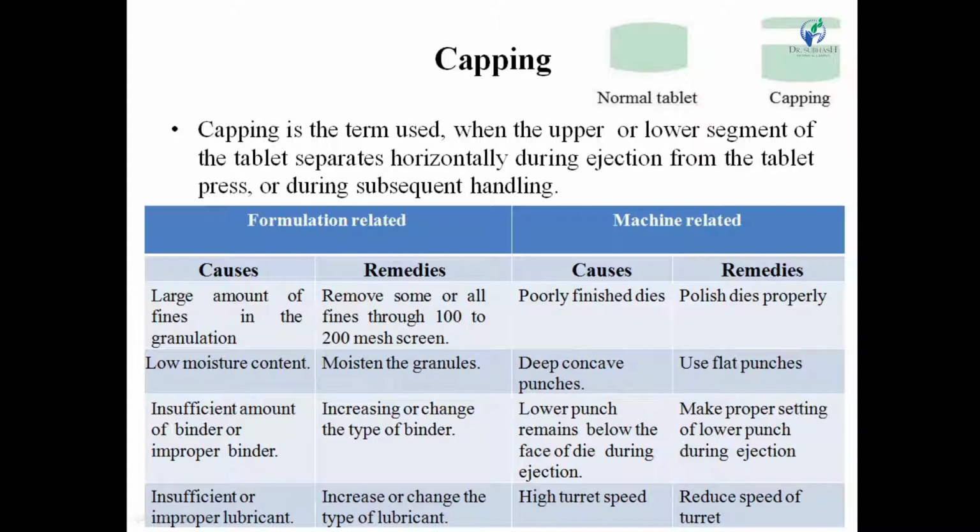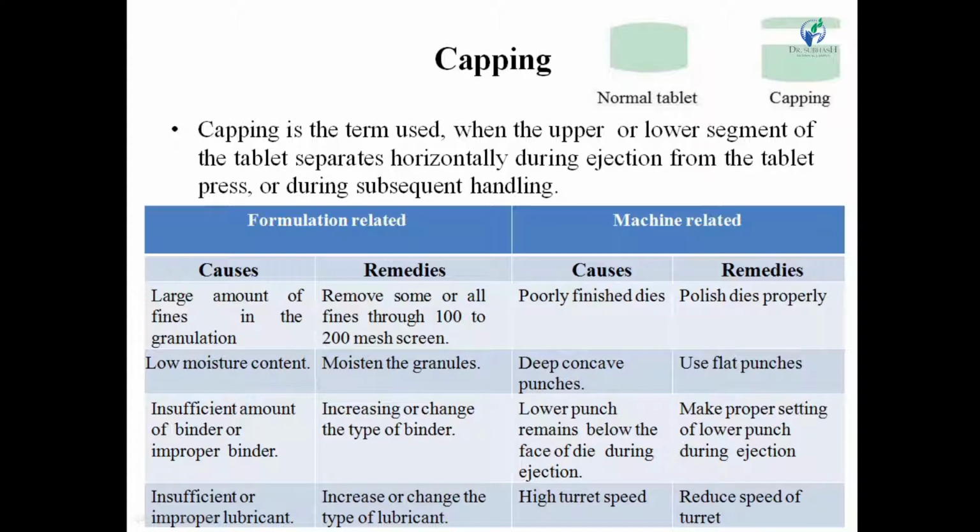Next is insufficient amount of binder or improper binder. So increase or change the type of binder. Next is insufficient or improper lubricant. So the solution is to increase or change the type of lubricant and avoid the capping problem.